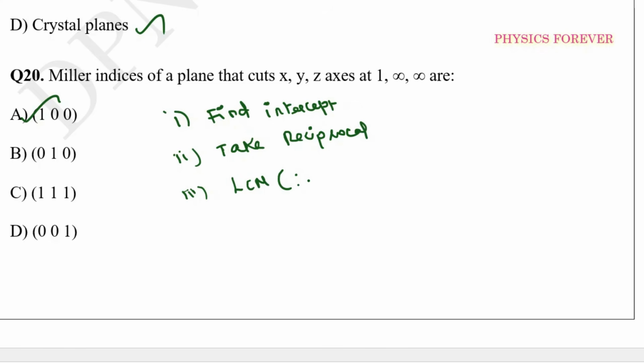Then most important one, if there is a fraction to clear, after that we have to take LCM, then find the result. So in this way only we have to find out the Miller indices.